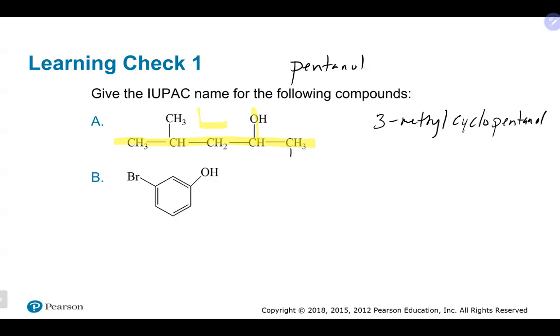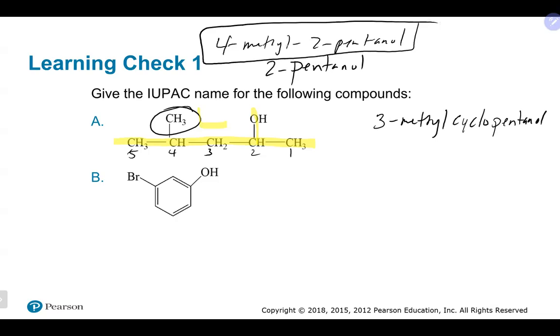Giving our location going this way, we'll give that OH group the smaller number of 2. And again, we'll put our methyl group there at carbon number 4. So that would be 4-methyl-2-pentanol. Any questions on that name there?